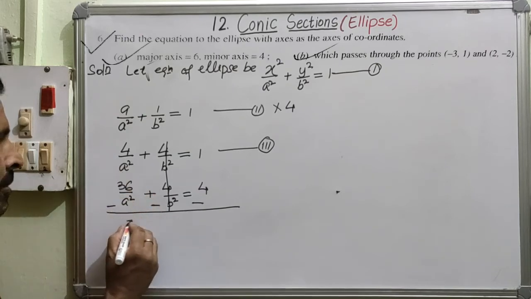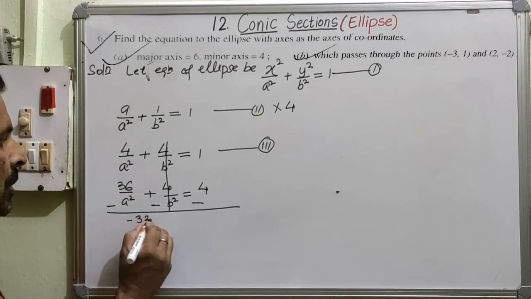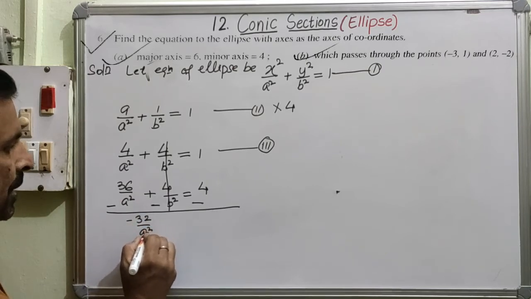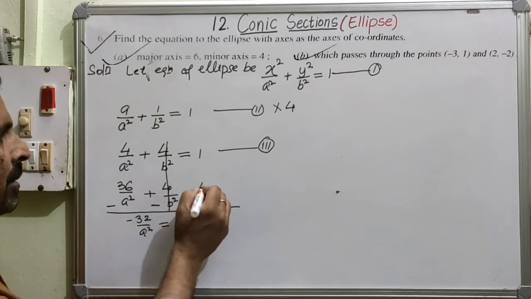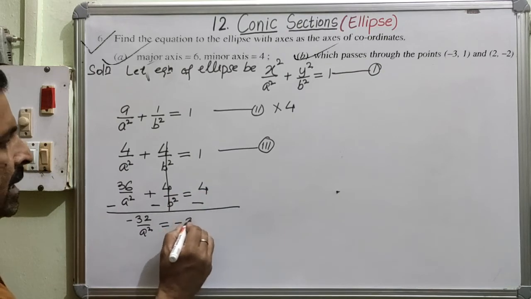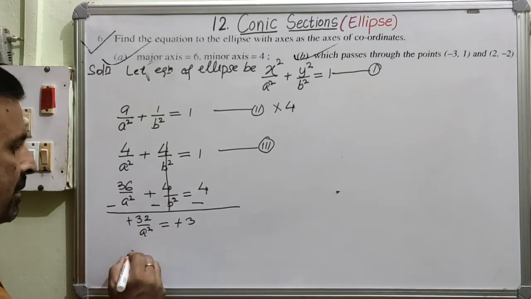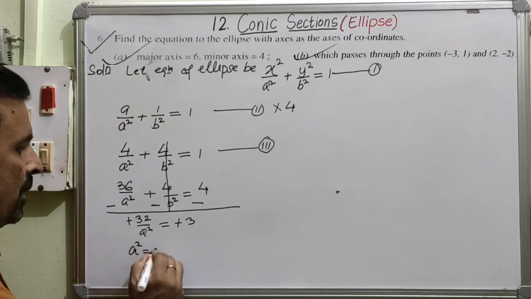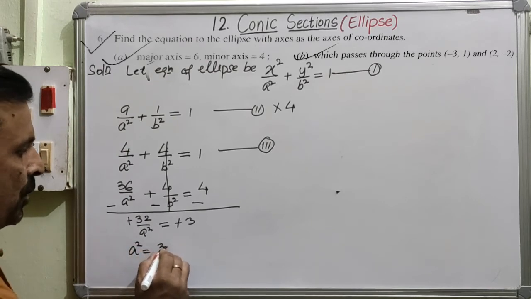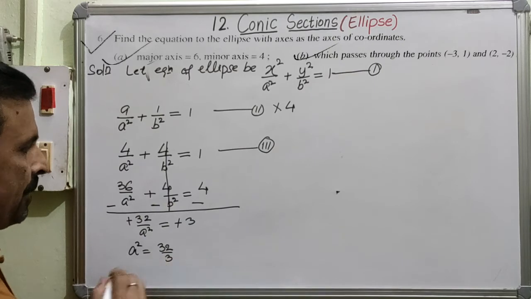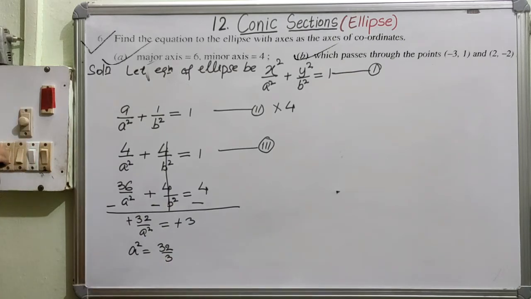So this will come as minus 32 over a square, right? And on the right hand side, 1 minus 4 will become equal to minus 3. As a result, this minus and this minus will cancel. We will have the value of a square as equal to 32 over 3, right? We got the value of a square.